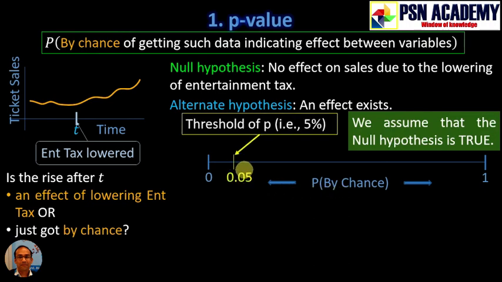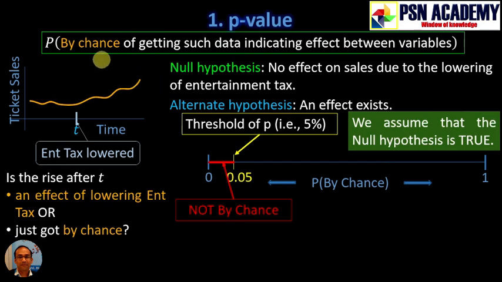So here you go with the threshold of p, that is 5%, that is 0.05. People used to take 0.01 also, and it is up to your choice. So for example, the threshold of p is 0.05. Now, if your p-value falls between 0 and 0.05, you say that it is not by chance, because p-value measures the chance of getting the data, right?